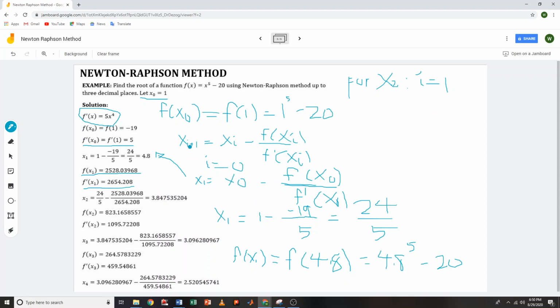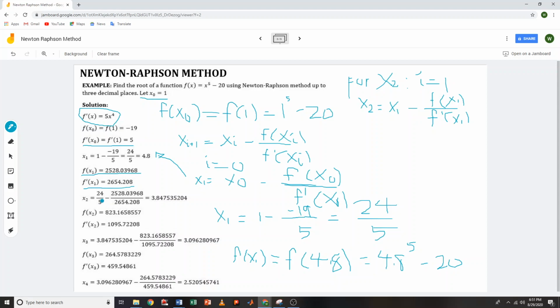Back to the formula: x1 plus 1, that is x2, equals xi, so x1, minus f of x1 over f prime of x1. As you can note and observe, this is a continuous process, a process of iteration.